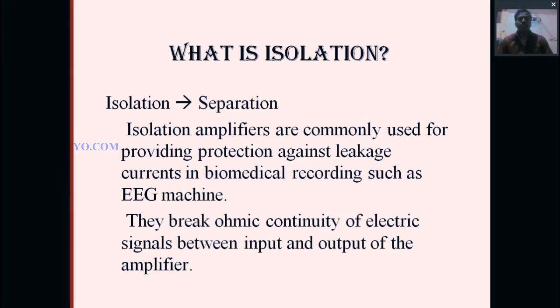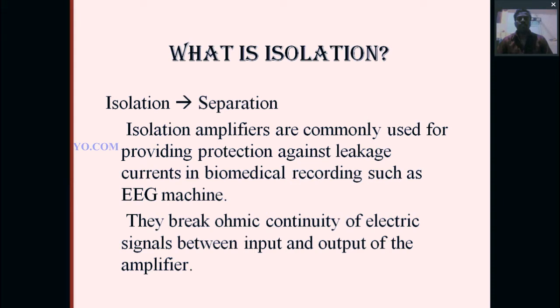For example, if you want to measure an ECG, the doctors place electrodes over the human body around the chest. Then these electrodes are connected to the recorder by using lead wires.